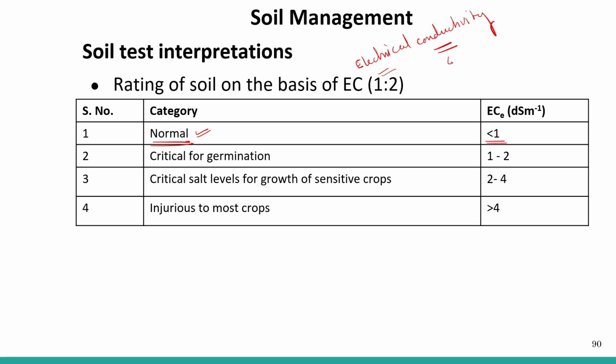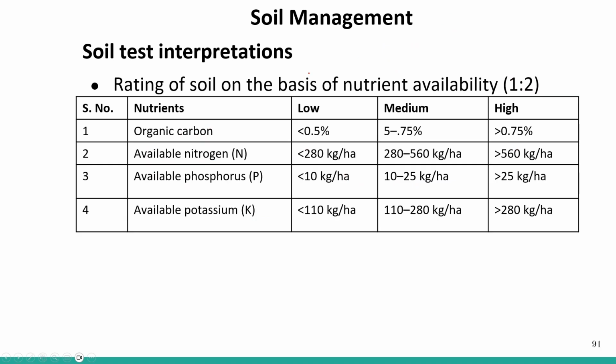That can be known by estimating the electrolytes present in the soil, that is cations and anions. If it is between 1 and 2, then it is critical for germination. Critical salt level for the growth of sensitive crops is between 2 and 4. And it is injurious to most crops when it is greater than 4. So this is the rating of the soil on the basis of electrical conductivity.